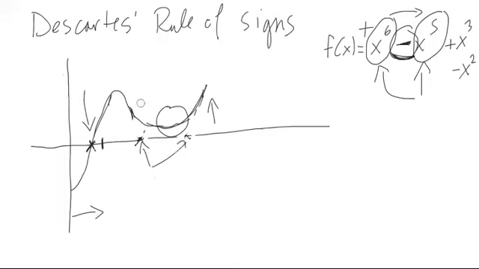In fact, it is even possible that this hump right here could have at one point turned into a 0 right here.